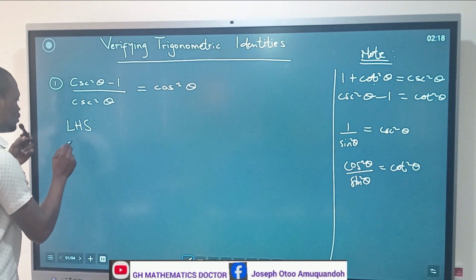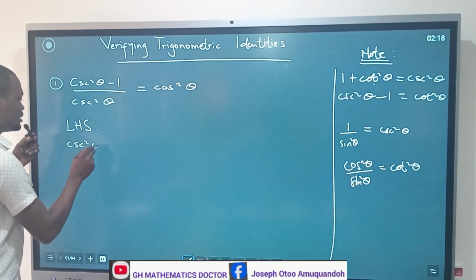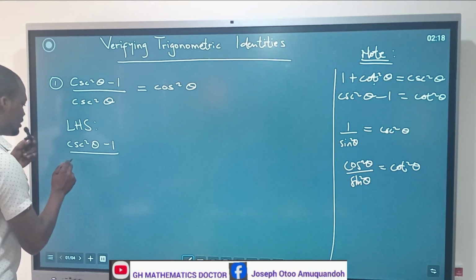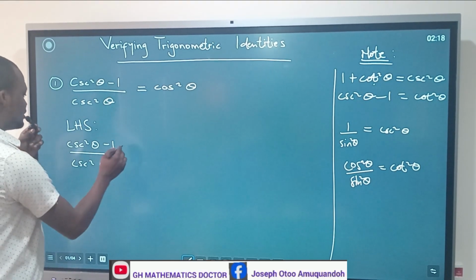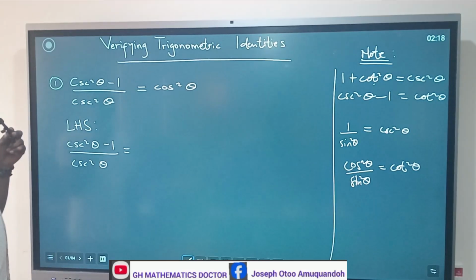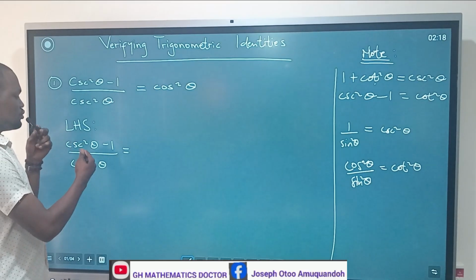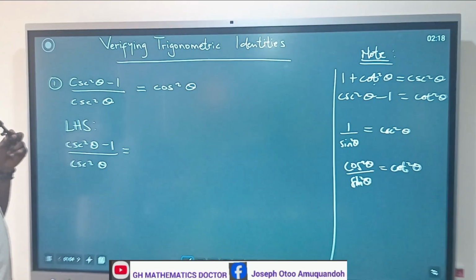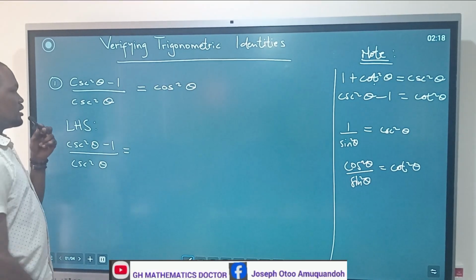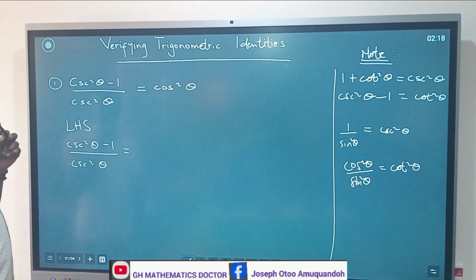So we have cosec square theta minus 1 over cosec square theta. This is what we are using and going to work on to get the result at the right hand side.